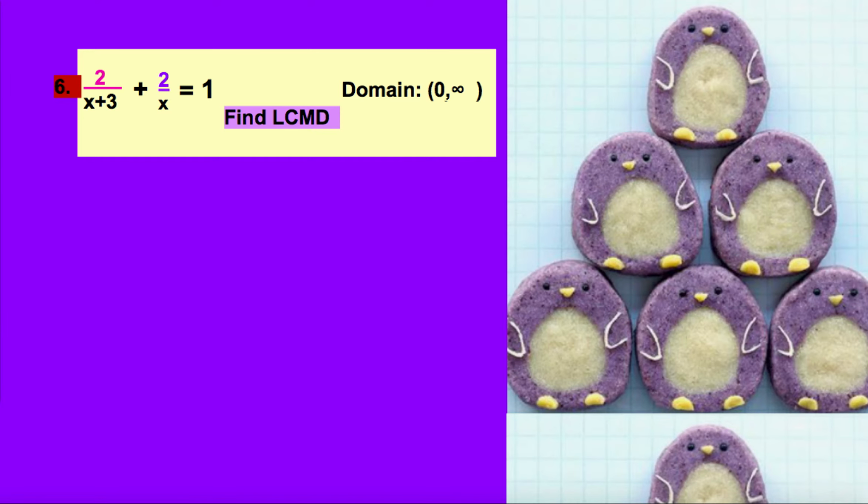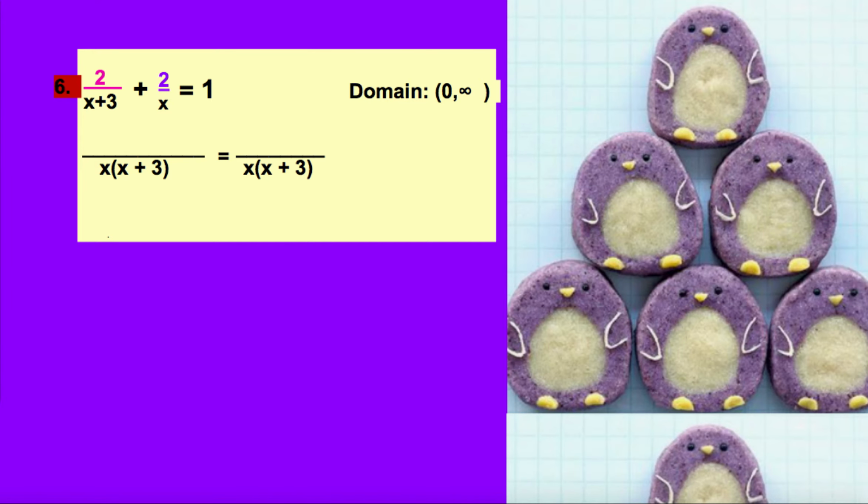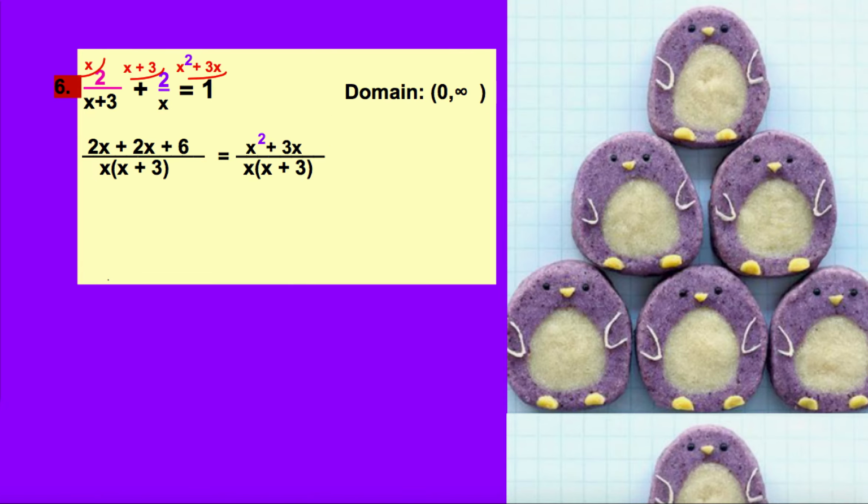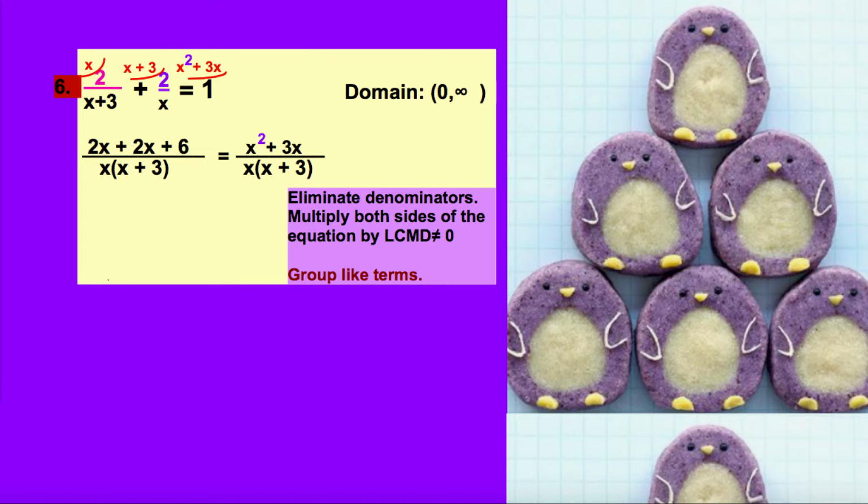Finding the LCD of x times the quantity x plus 3, bringing to the same denominator, amplify. The left-hand numerator is 2x plus 2x plus 6, and the right-hand numerator is x squared plus 3x. Eliminating denominators, multiply both sides of the equation by the LCD, which does not equal 0, and grouping like terms.